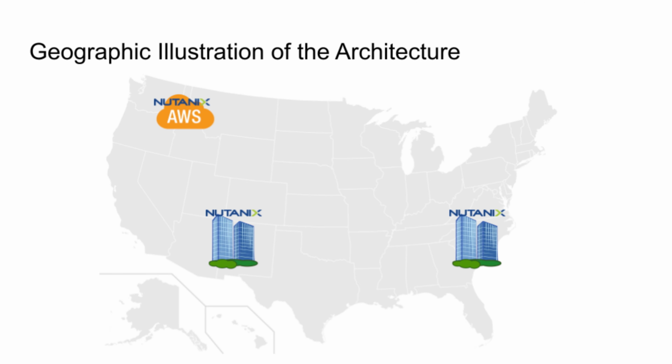In this architecture, what I'd like to demonstrate is our ability to take virtual machines running on those on-premise data centers and replicate them, spin them up, power them on, and view their desktops in the Nutanix cluster running on AWS bare metal in Oregon in a non-disruptive way.